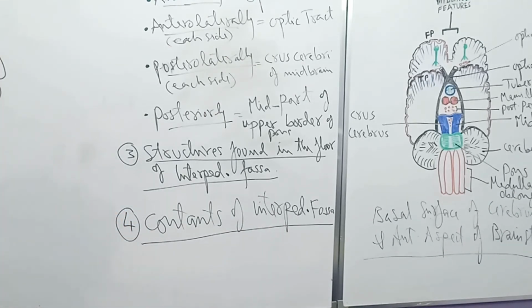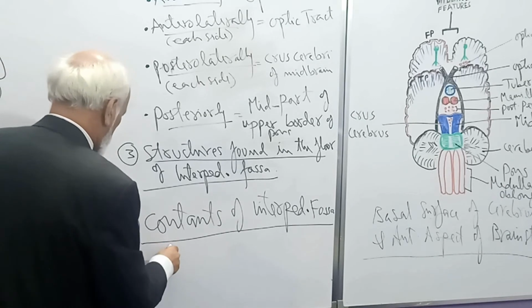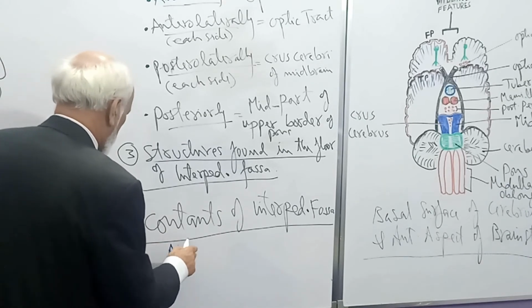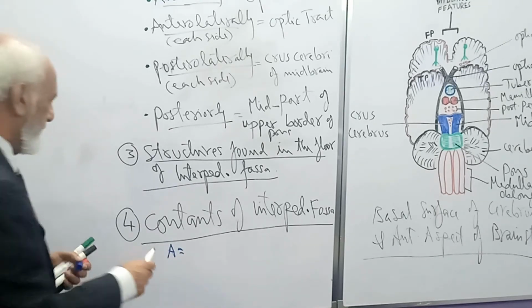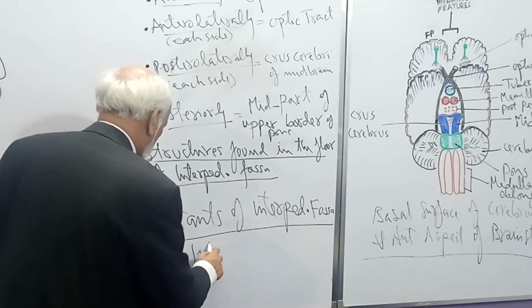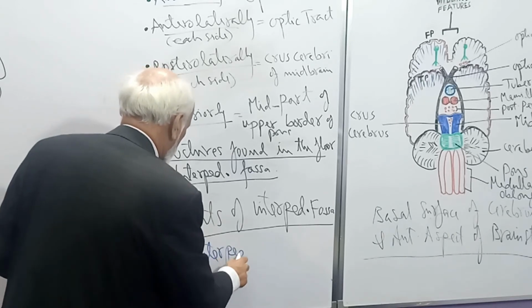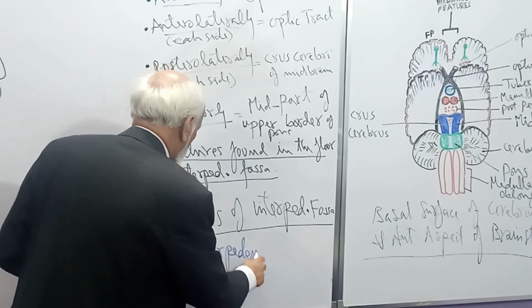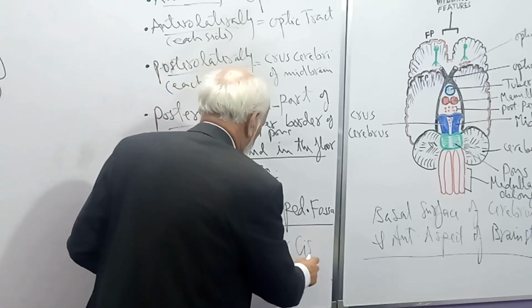Here there are two structures. Number one is the interpeduncular cistern.